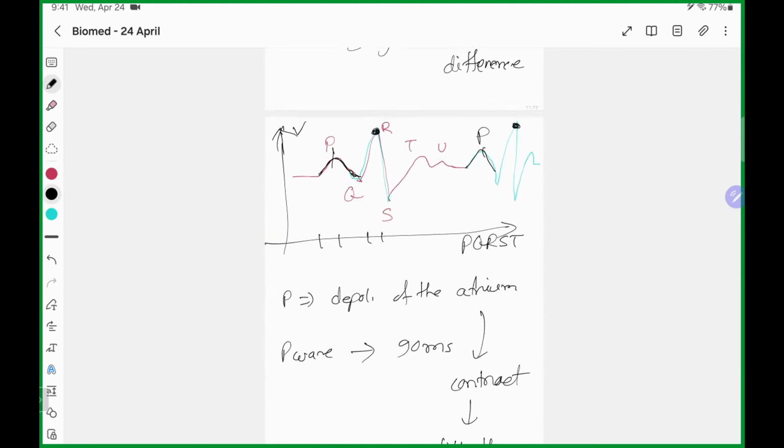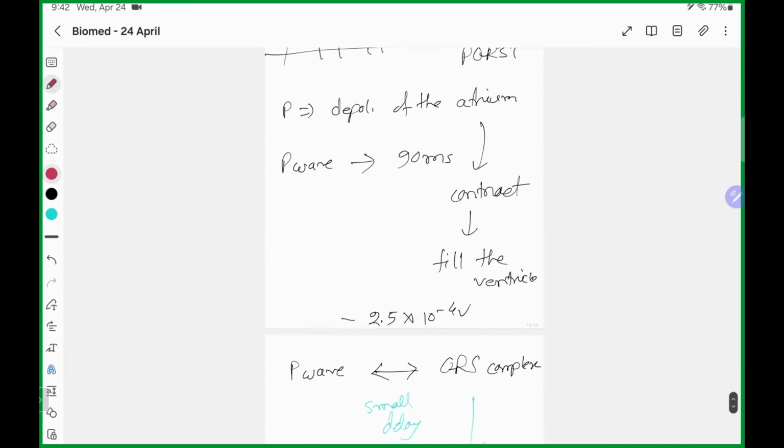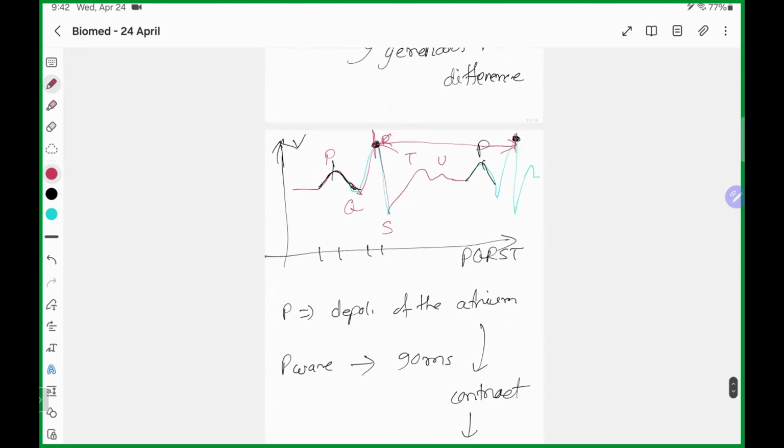From this peak, we measure the periodicity of the ECG measurement. The time from this peak to this peak is how we define the periodicity of the ECG. And this is supposed to be periodic.